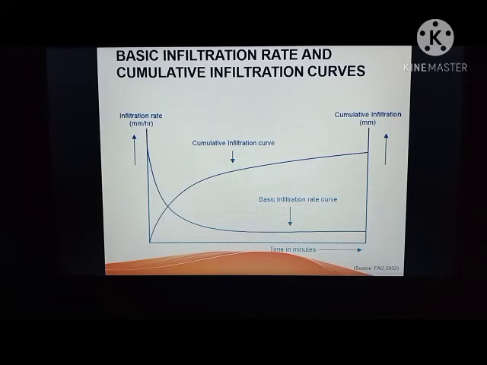And as we discussed, when the infiltration rate becomes the basic infiltration rate, the curve is going to be flat. As you can see, the cumulative infiltration curve is increasing, and when the infiltration rate becomes flat, the cumulative infiltration curve goes straight up.